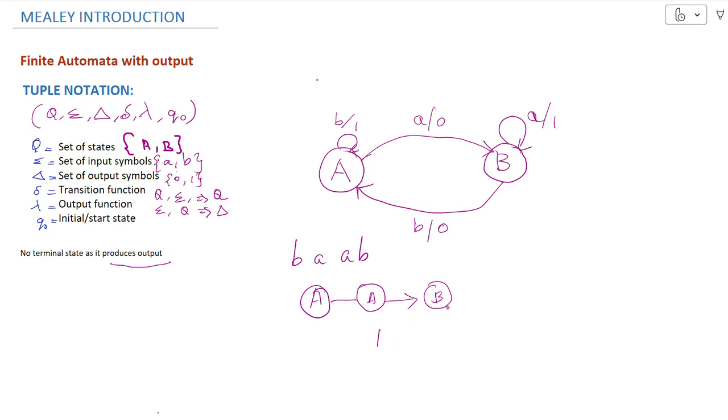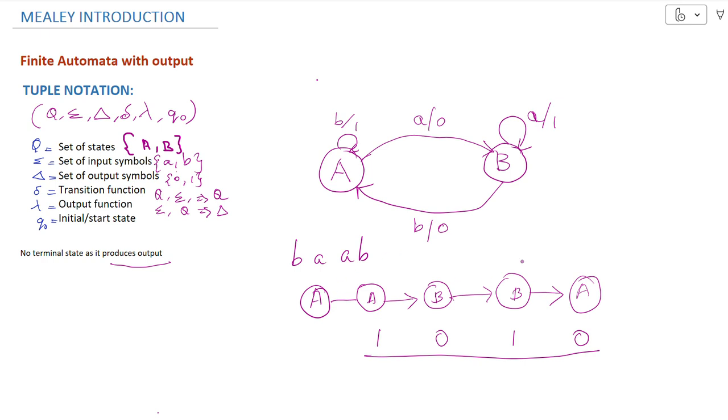After moving to B, it produces an output 0. Then once again B receives an input a and it stays in the same state, but the output produced is 1. And from B it takes the input small b and moves to state A with an output of 0. So this is the final output, and this is the state transition which happens.